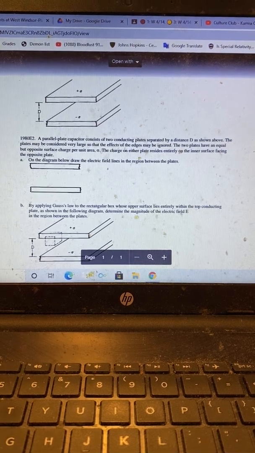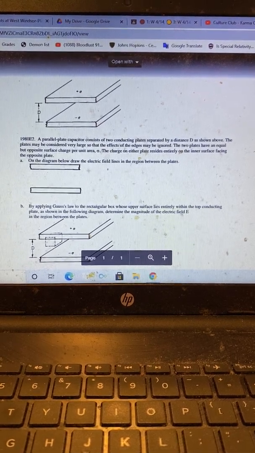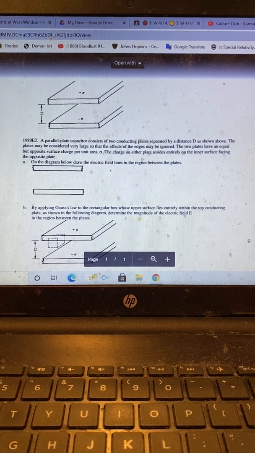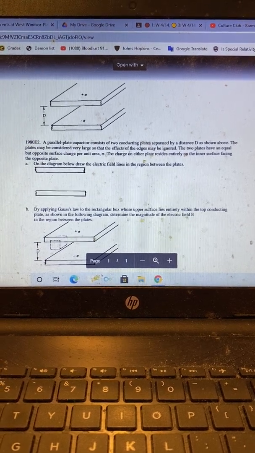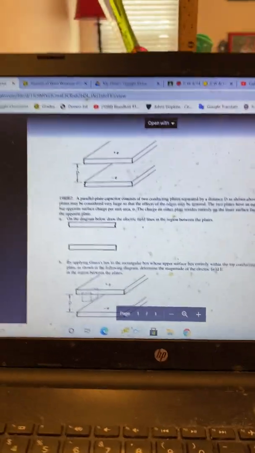Okay, A. On the diagram below, draw the electric field lines in the region between the two plates. All right, it's 1980 E2, problem A. We got the two plates.